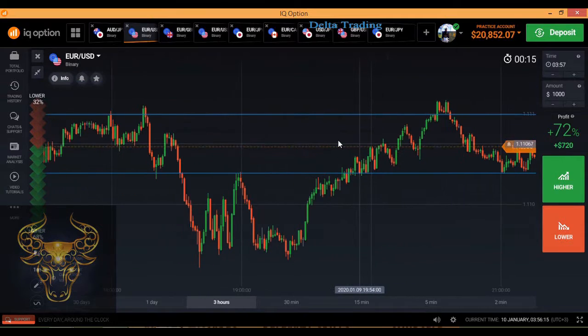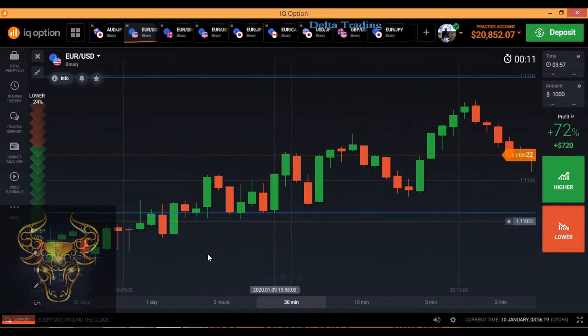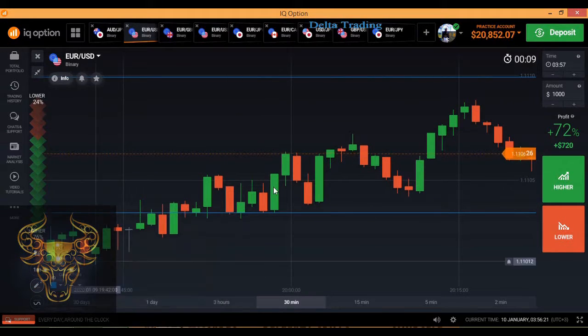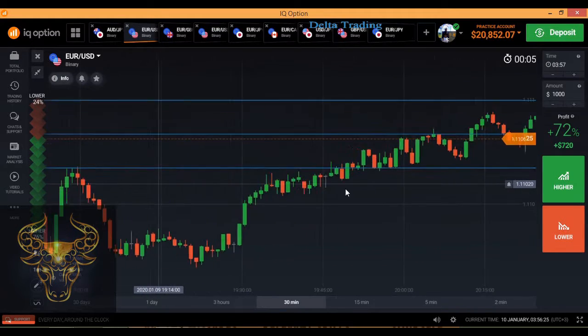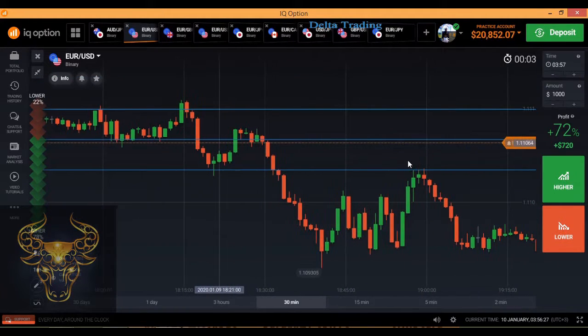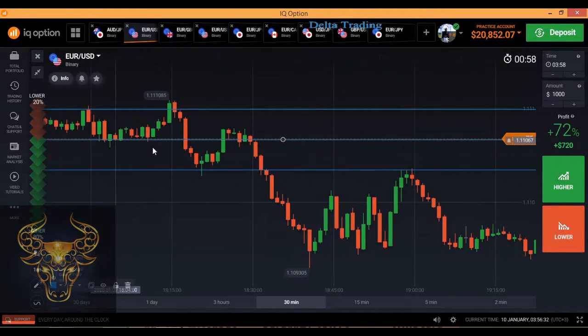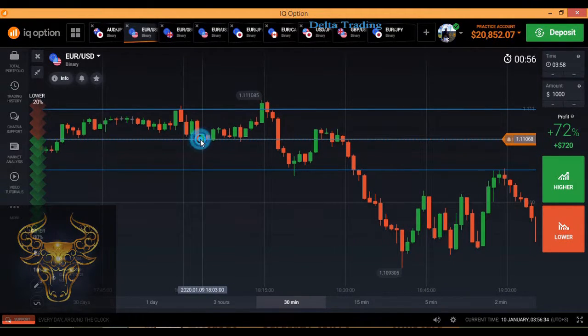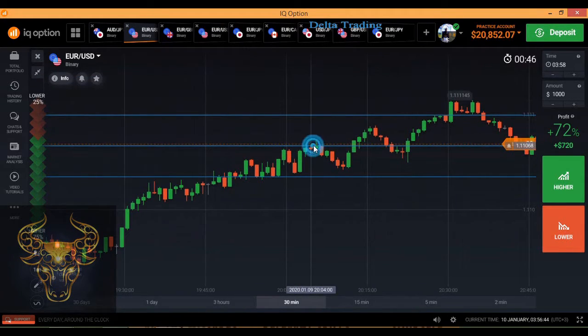Remember the rule: you have to identify support and resistance. So let's put some lines here and go back. Here is the line we created. Right here you have a previous support level, which is what we call a major key level, because right here this is already a resistance.